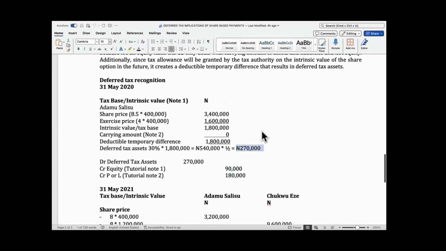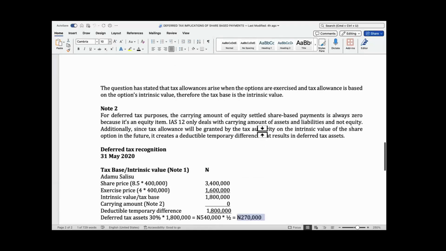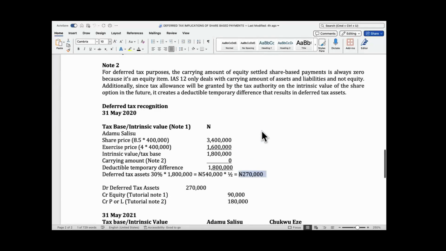And that's really what is showing up here. Because the deductible temporary difference here is like this 1.8; you divide it by 2, like the one that relates to year one alone, that's like 900.